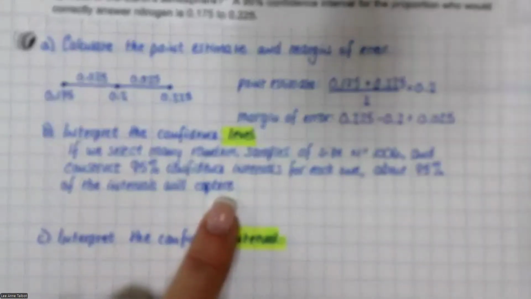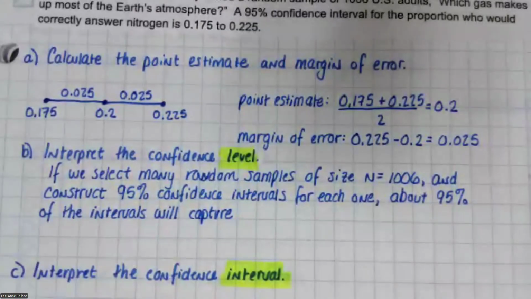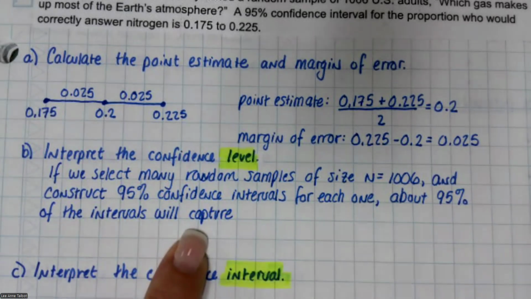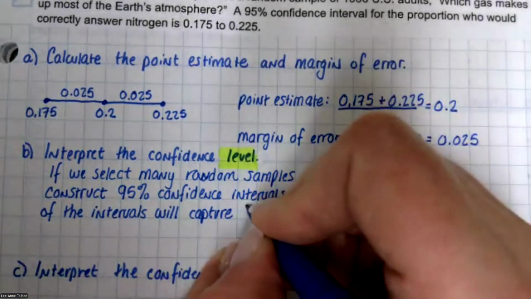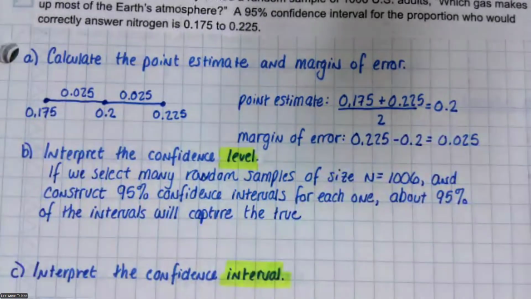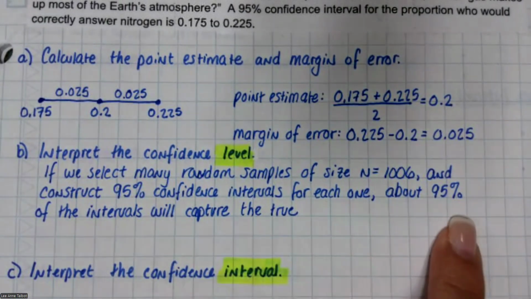Apparently, I have not written anything in 2 weeks. Okay, and when you hear that word capture, I want you to picture that battleship picture, like the hit or miss. So 95% of them will hit the true. Okay, and then in our recipe sentence with the blanks, we wrote parameter and context.